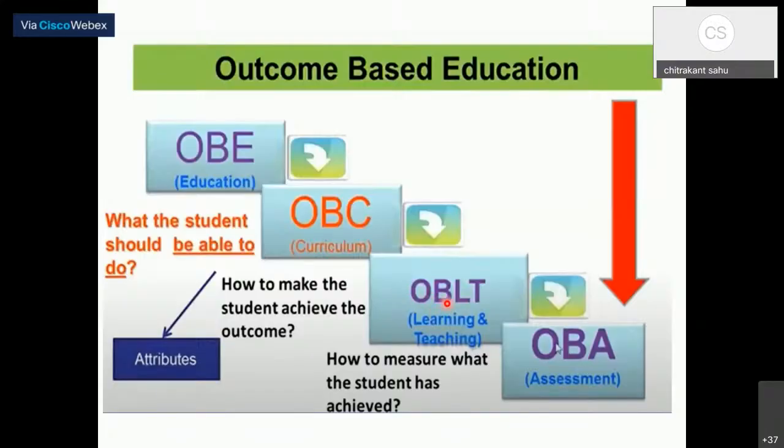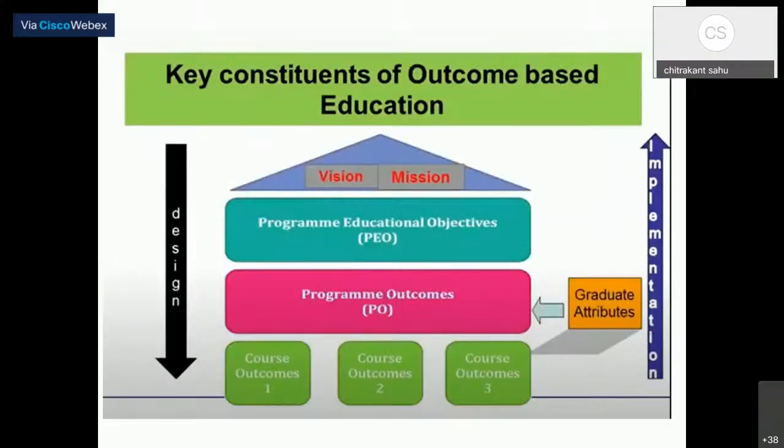We can measure with certain methods. For that measurement we require some assessment techniques, and from the assessment we should be able to quantify whether we are progressing in the correct fashion or not. So these are the key attributes of outcome-based education.